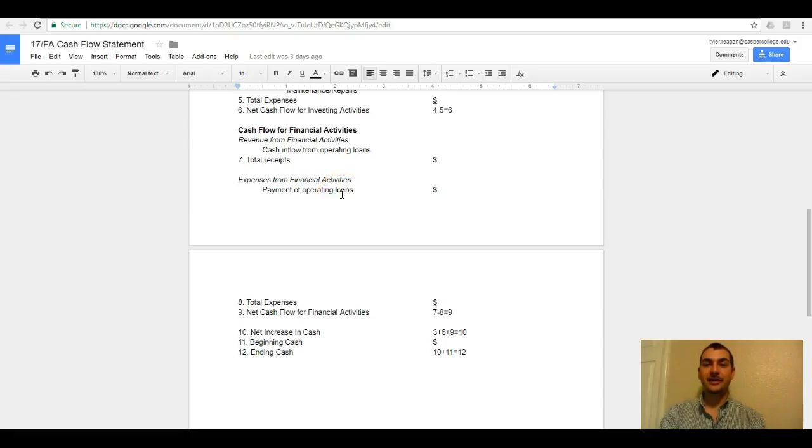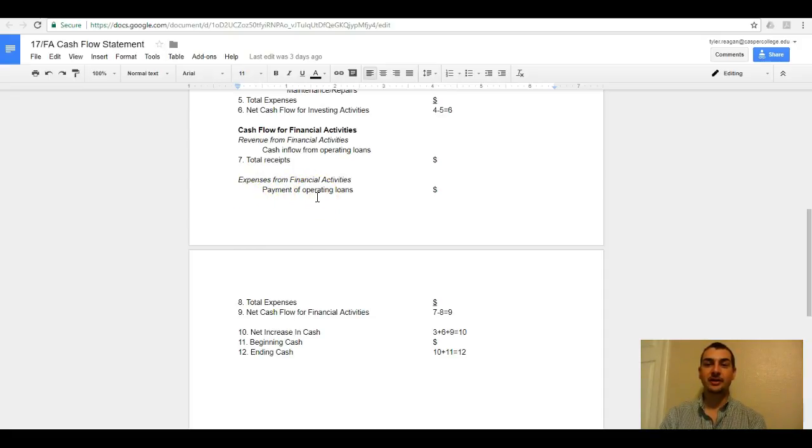So you might have a loan wherein, say, the current year is 2016, and you took out an operating loan in 2015 and you have to pay it off. So you go ahead and pay off that loan in 2016 that you pulled out in 2015. So the payment of that loan would be the payment of the 2015 operating loan.